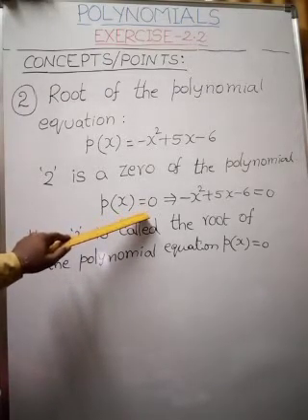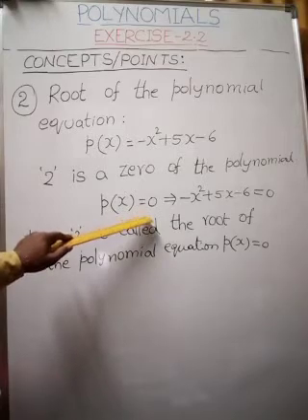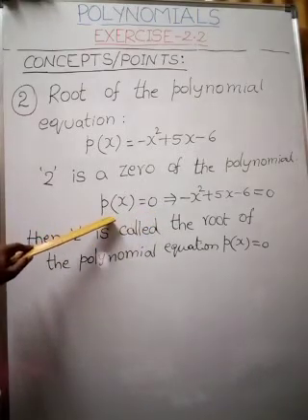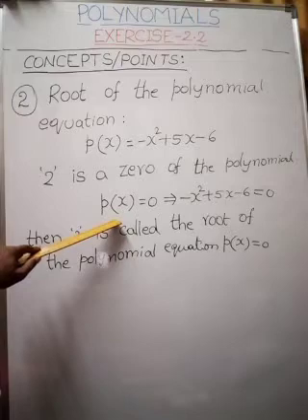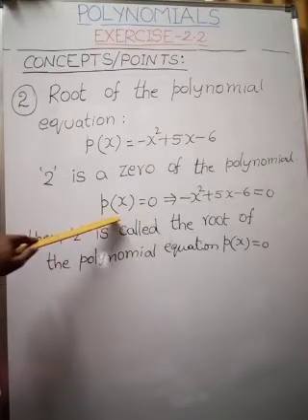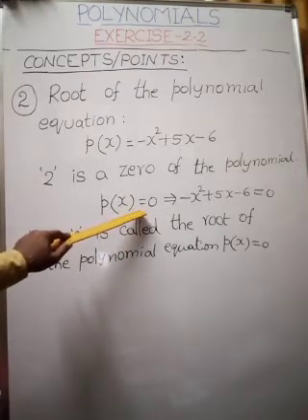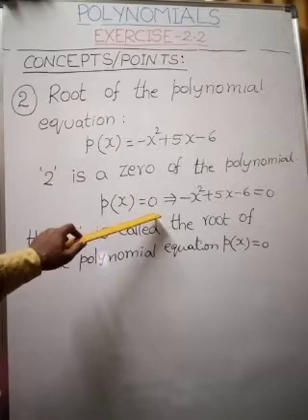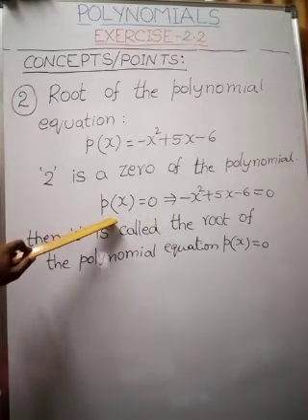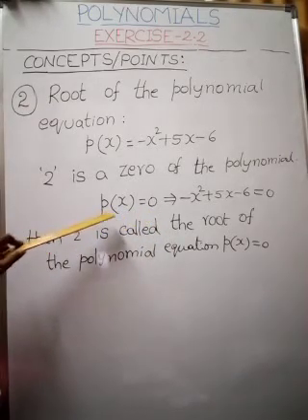That is why this mathematical statement is called a polynomial equation. What do we call this mathematical statement? Polynomial equation, because the equal to sign is there. So this mathematical equation is called a polynomial equation.